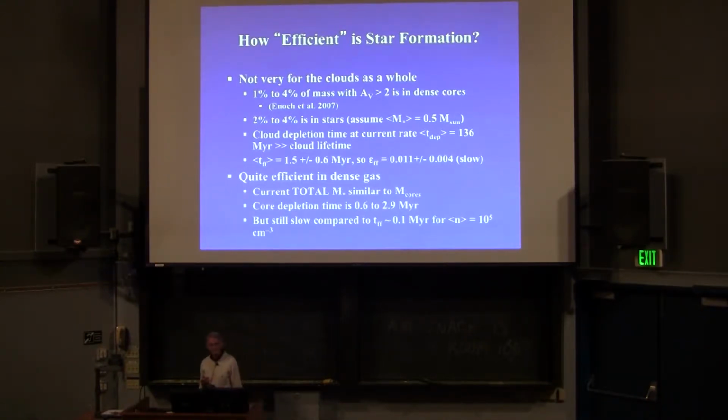But the core depletion time is still on the order of 1 million years, or 2 or 3 million years. And these cores are now dense, so the free fall time has gotten less too. So it's still slow compared to the free fall time. So I will use the term slow to refer to this efficiency per free fall time because there are too many efficiencies floating around.